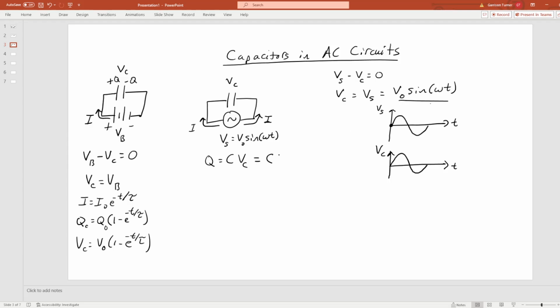So this is equal to C times V naught sine omega t. And remember that current is equal to the time derivative of that. So this equals C V naught omega cosine.